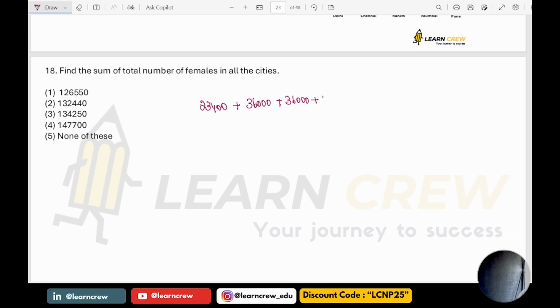In Mumbai, it is 50% of 50,000, which is 25,000. And in Pune, it is 42% of 65,000, which is 27,300. If you sum up all these, it is 1,47,700. So option 4 is the answer.